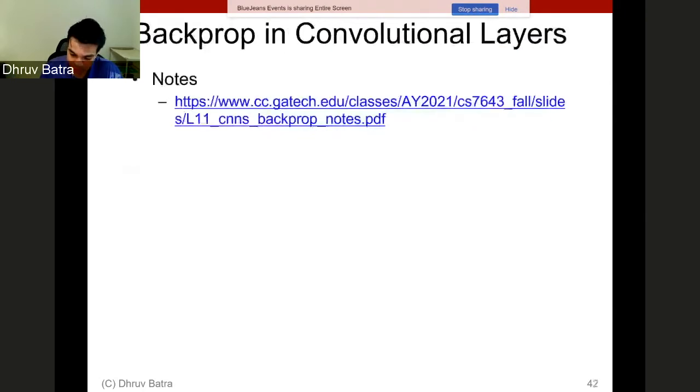So let's do that. I want to mention that this is clunky and very notation heavy, and for whatever reason there is no authoritative version of this derivation. The standard machine learning books, for example Kevin Murphy's book, don't contain a derivation of backprop in convolutional layers.